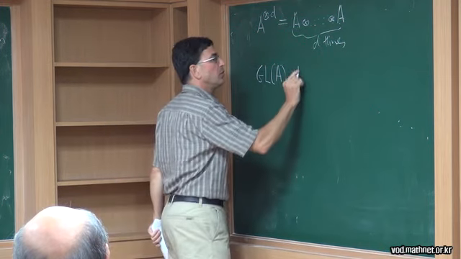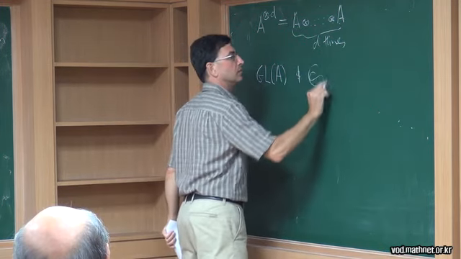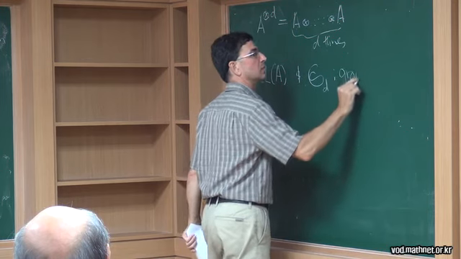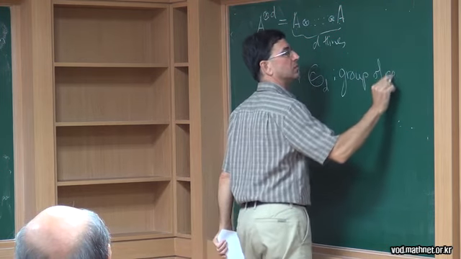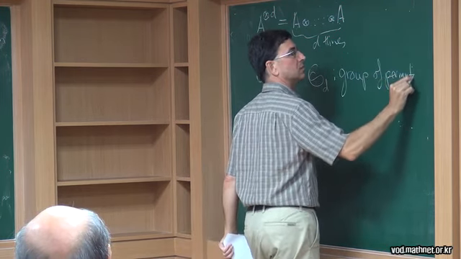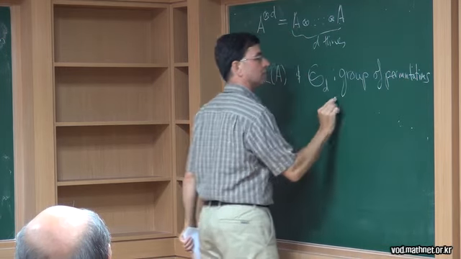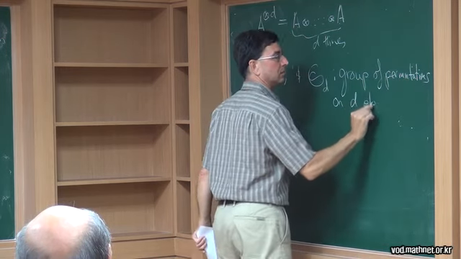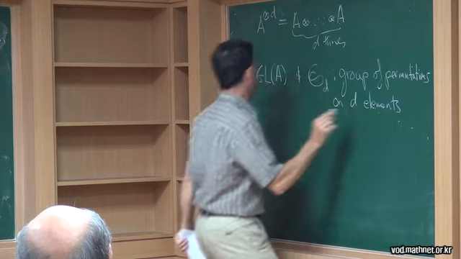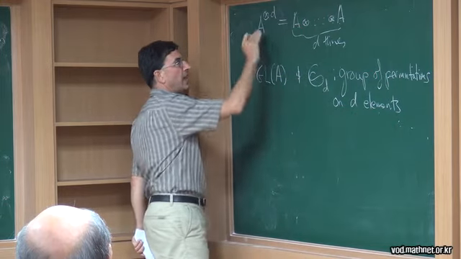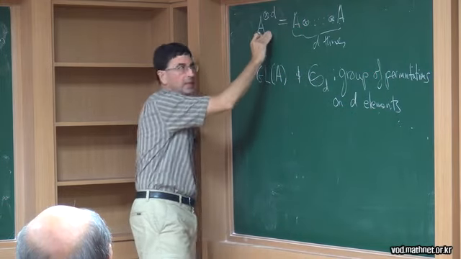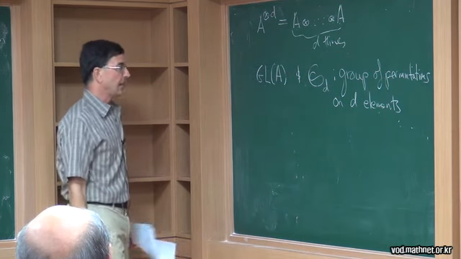We can also permute. And both of these groups act on this vector space, and we will exploit that.